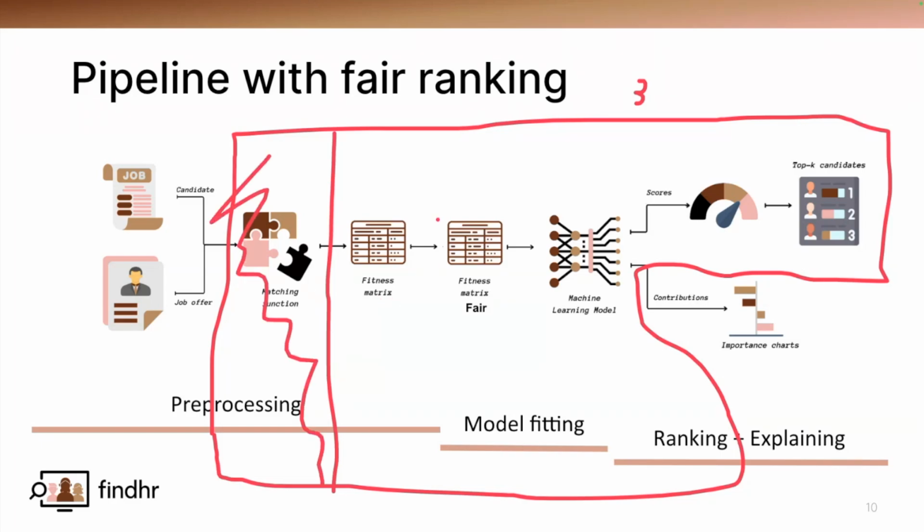Starting from the fitness matrix, we first saw a methodology, the learning fair representation method, to turn the data representation into a fair version with respect to a sensitive attribute. Then we trained again the machine learning model, our LambdaMART model, and we obtained again the scores, the top K candidates, the performance as a histogram of normalized discounted cumulative gain, and the statistical disparity that was reduced with respect to the other versions. Okay.